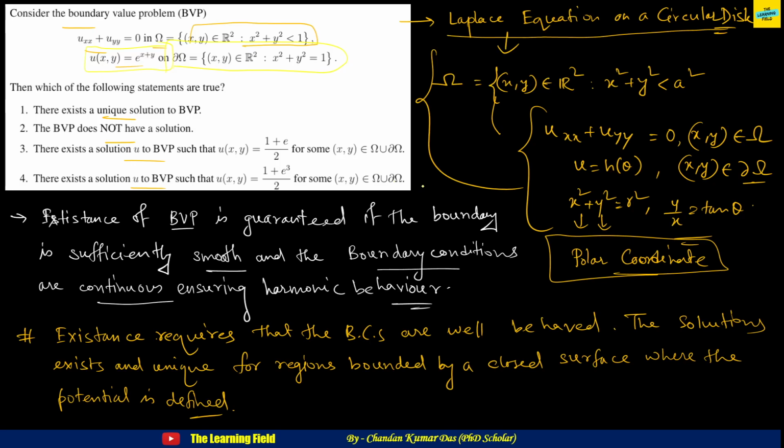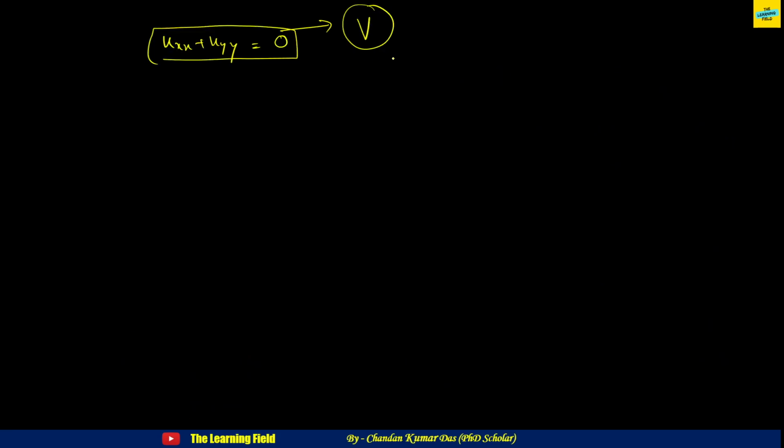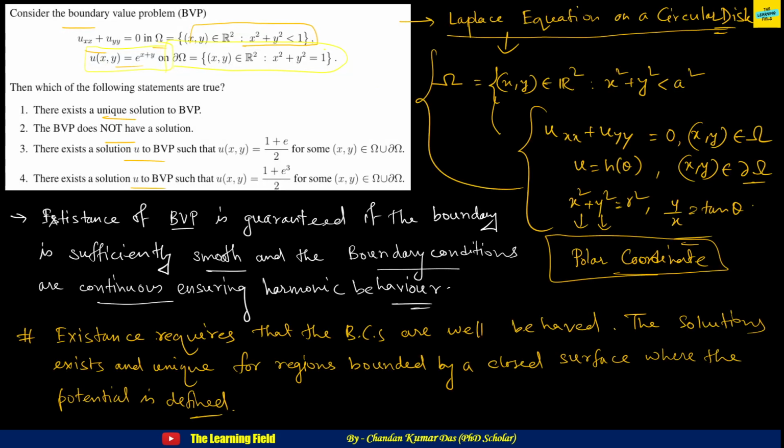If this holds for any closed volume V, then this is called the potential. And if this is defined on the boundary, that is, on x square plus y square equal to 1, and it is well behaved, the solutions exist and are unique in the region bounded by a closed surface.